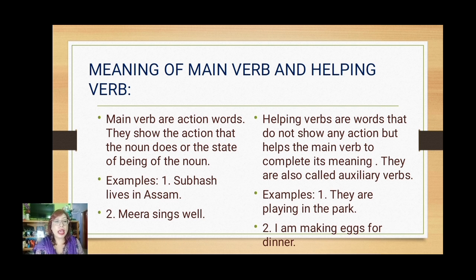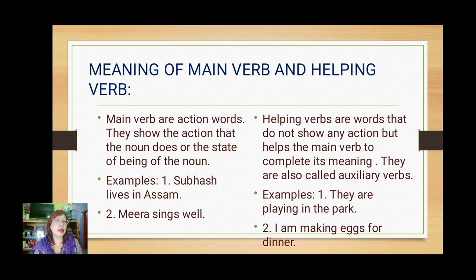I am making eggs for dinner. Which is the main verb in the sentence? The main verb is making, some sort of activity, right? But which is the helping verb or auxiliary verb? Can you identify it, students? Yes, you are correct. It's am, right? I am making eggs for dinner.